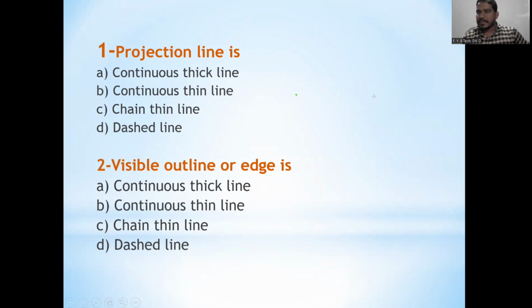Suppose this is the xy line. Here is the point A. Its front view is A dash, and suppose its top view is A. Now, what are the front view and the top view of this point A?